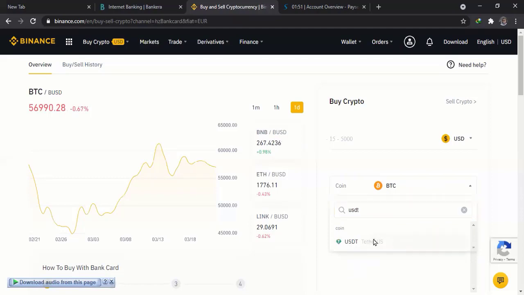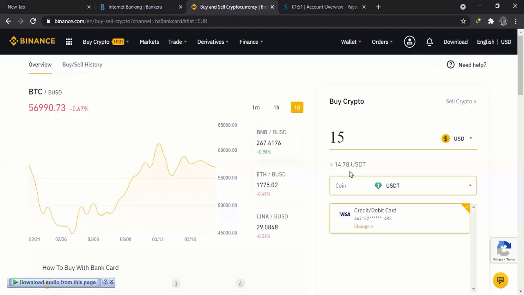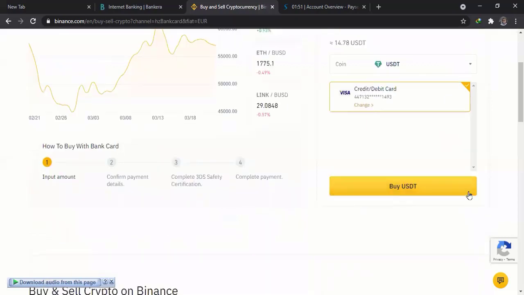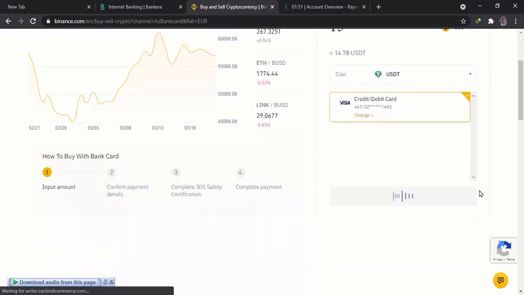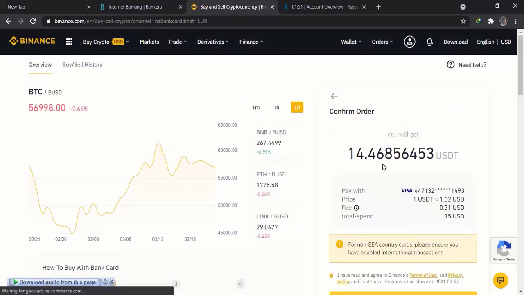So let us say you wanted to purchase USDT and you've got $15. With $15, before they add their commission and all, you're going to receive 14.78 Tether. So now if you click on the buy USDT, let's just wait for it to load. You'd see that you're actually going to receive 14.46856453 Tether.